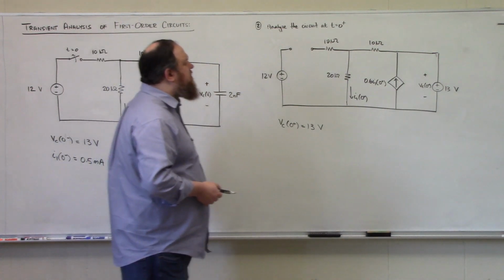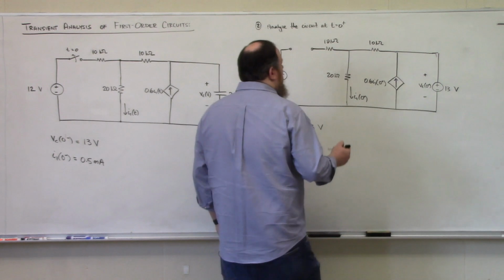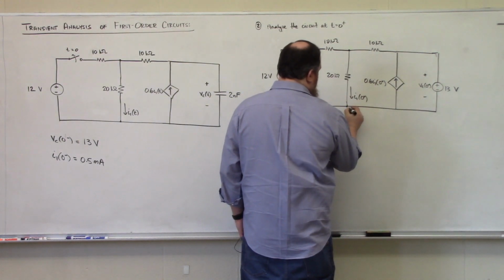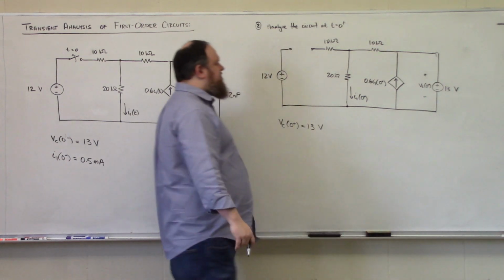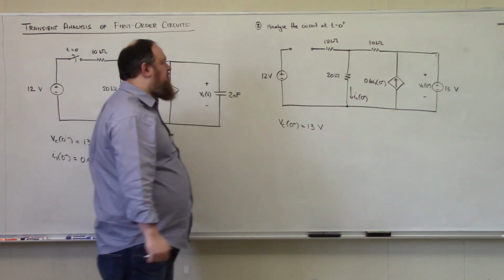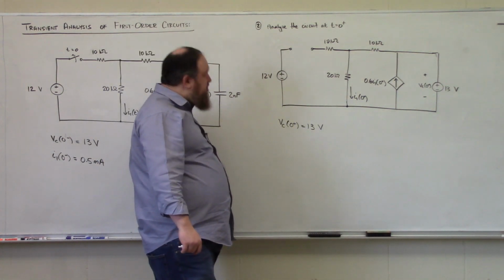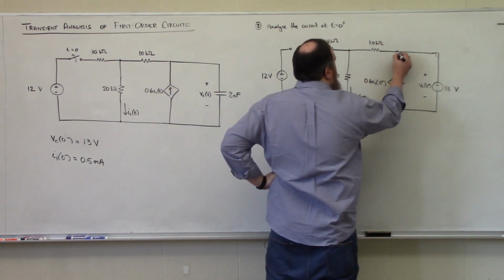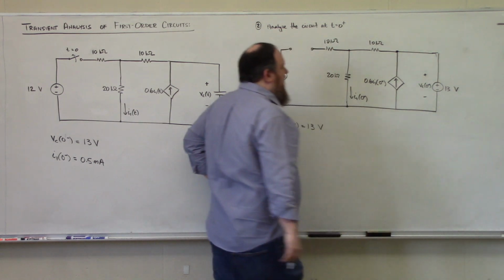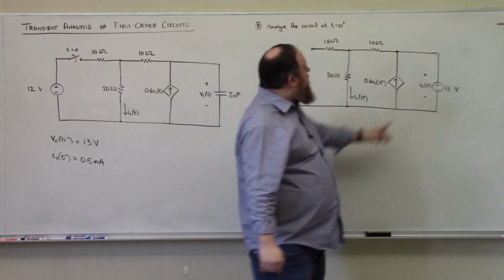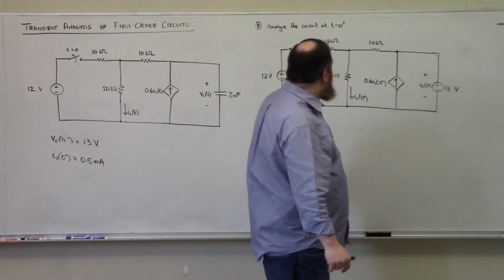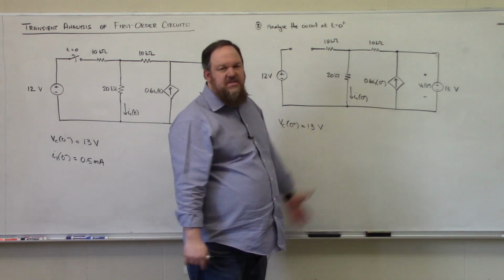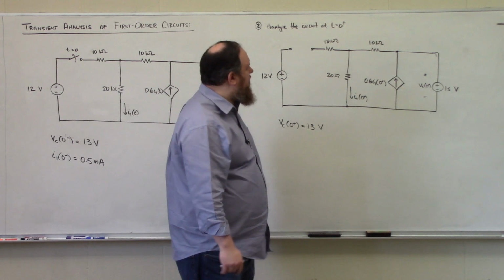Now comes how we are going to solve for our resistor current I1 at 0 plus. My intuition tells me that the voltage drop over this 0.6 times I1 current source is 13 volts because those two elements are in parallel.